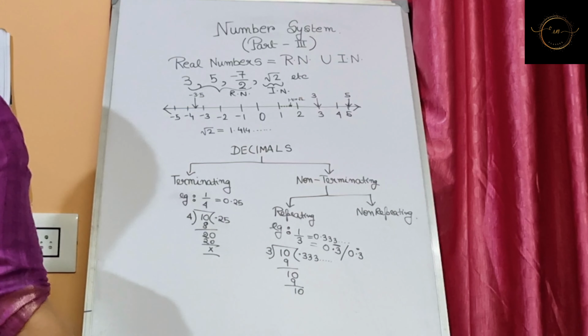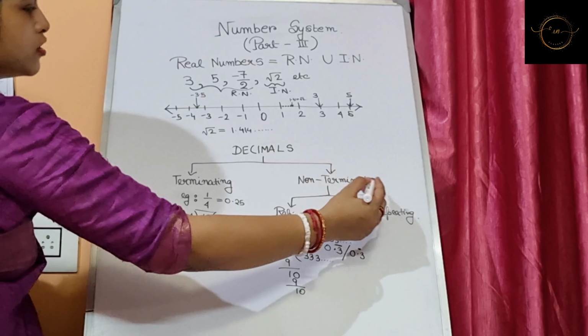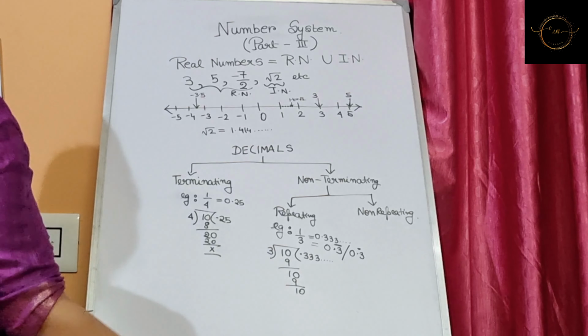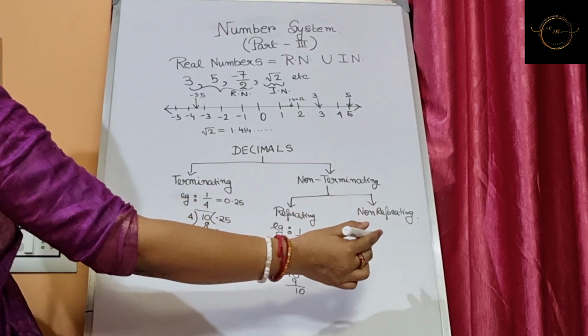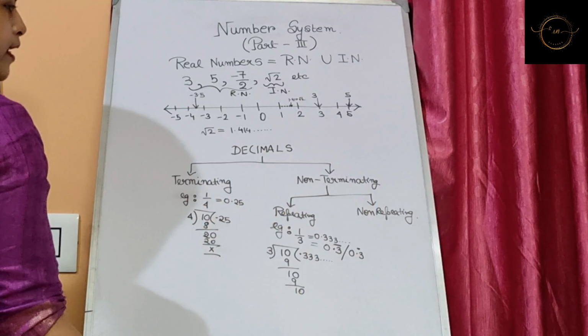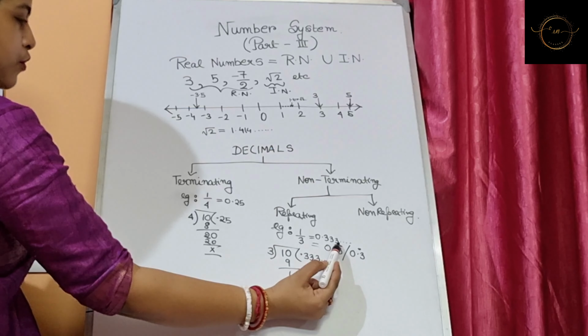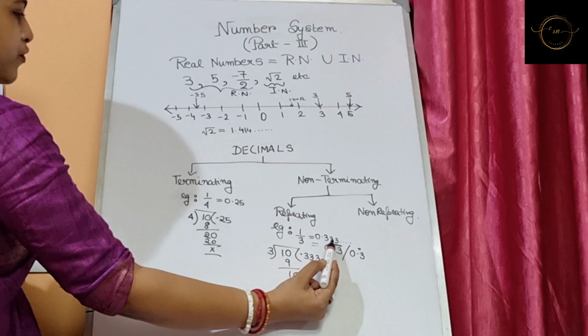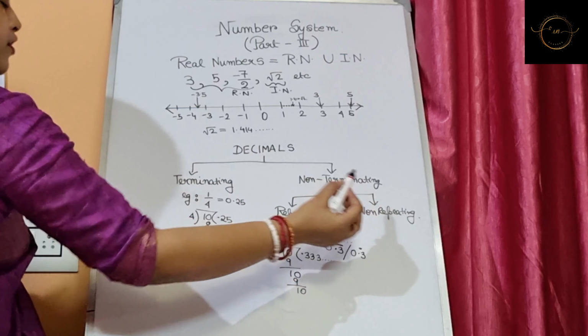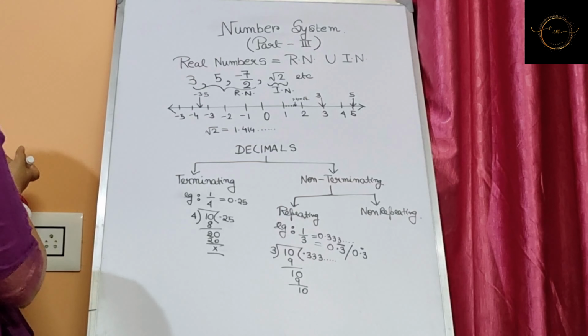Coming to the last type, non-repeating, non-terminating decimal numbers. These are numbers which do not follow any particular pattern. As you can see over here, 0.3333 follows a particular pattern, but here it will never follow a particular pattern.